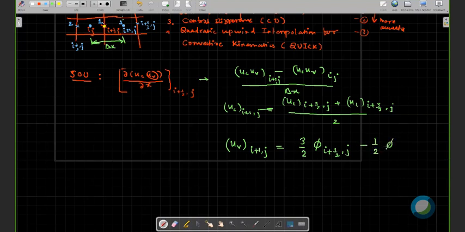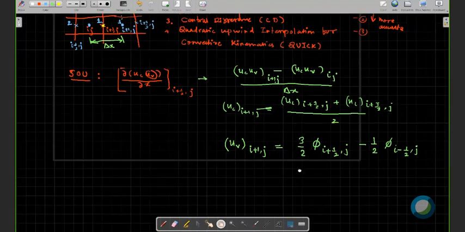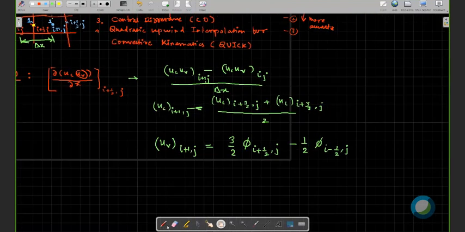These are standard relations. And this is when this value of uc is positive, if uc at I plus 1 comma j is greater than or equal to 0.